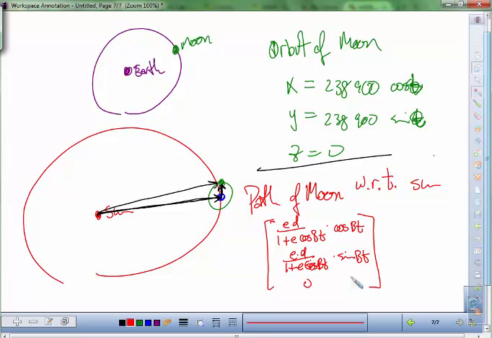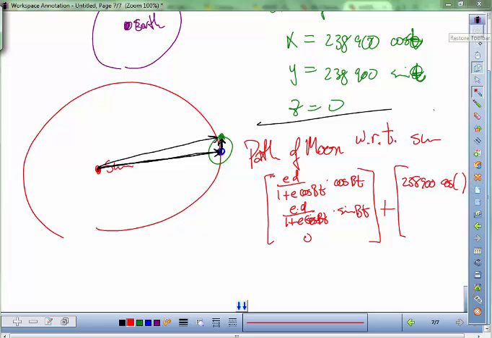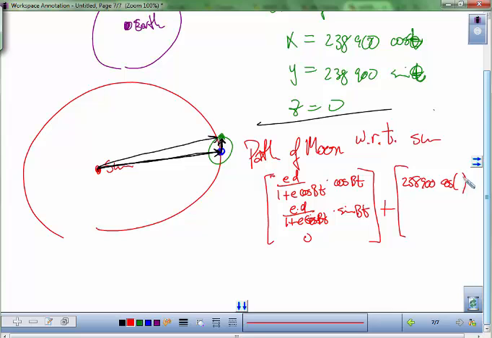So this is a path from the sun to the Earth, and then if we just add the path from the Earth to the moon, 238,900 cosine something t, and 238,900 sine something t, and 0.